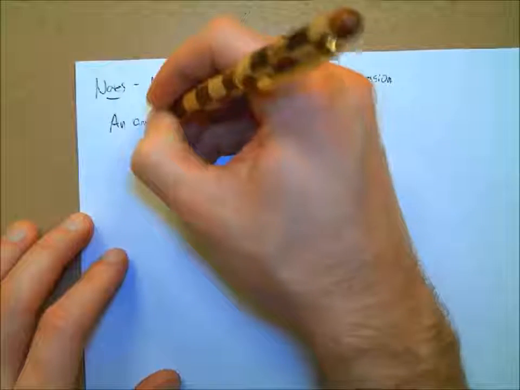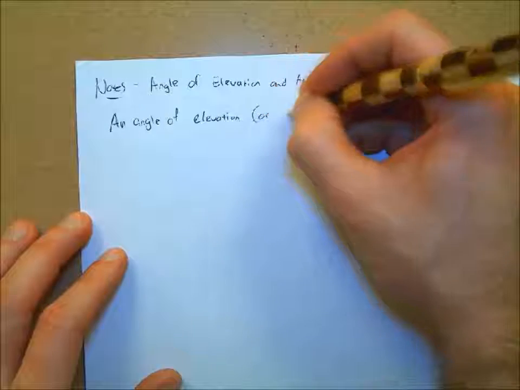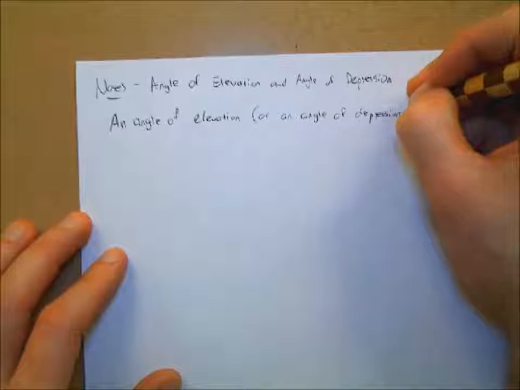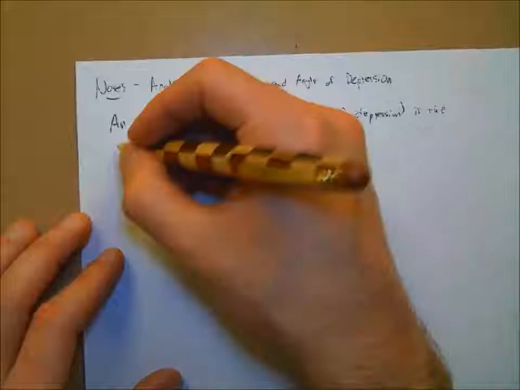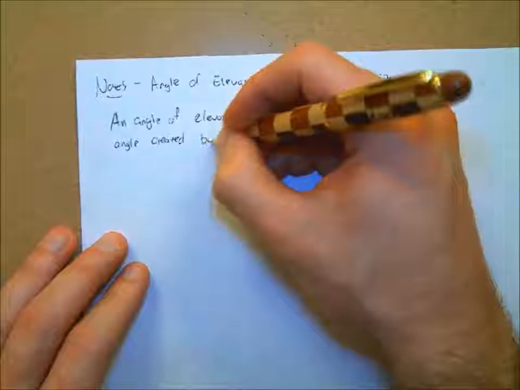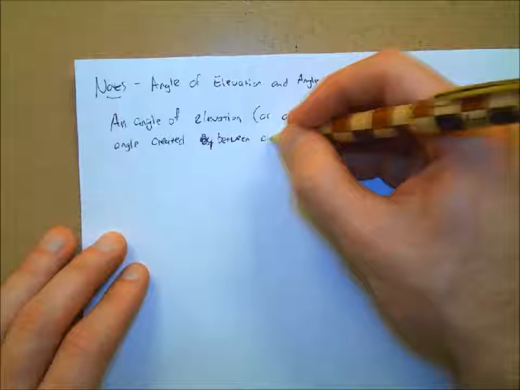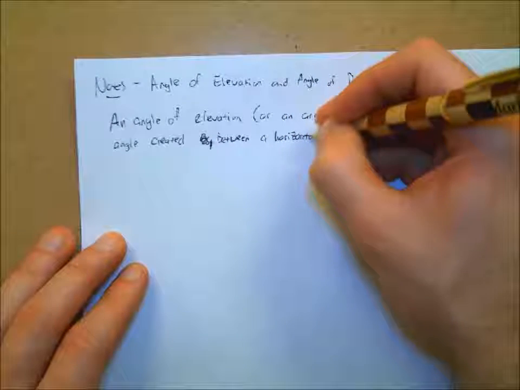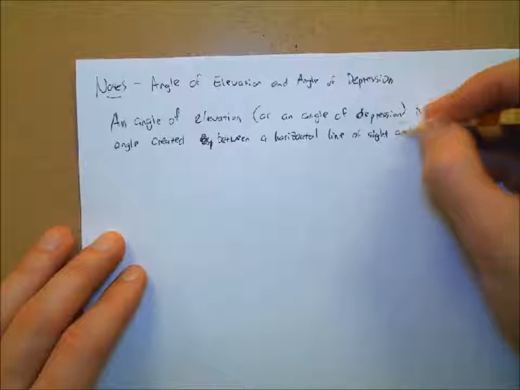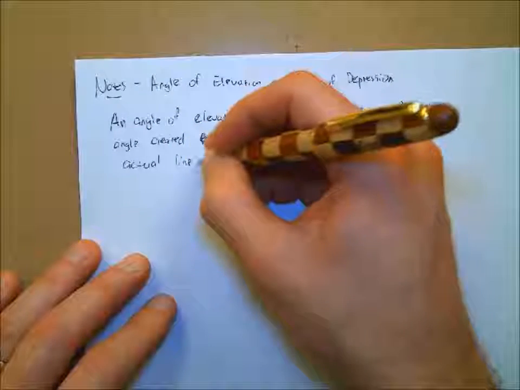An angle of elevation, or an angle of depression, is the angle created between a horizontal line of sight and the actual line of sight.